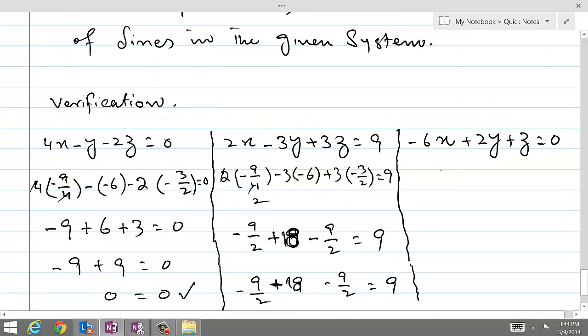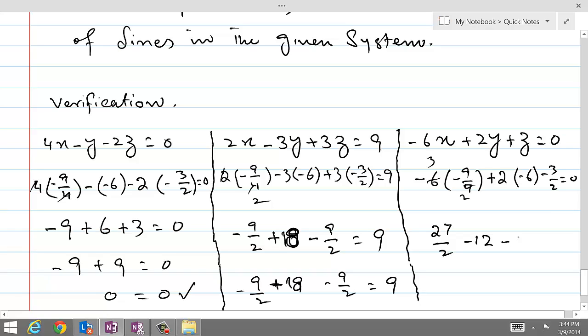And the third one, that is minus 6 into x, which is minus 9 over 4, plus 2 into minus 6, plus minus 3 over 2. This should be equal to 0. So this should get equal to 27 over 2. So this is 27 over 2 minus 12 and minus 3 over 2 equal to 0.